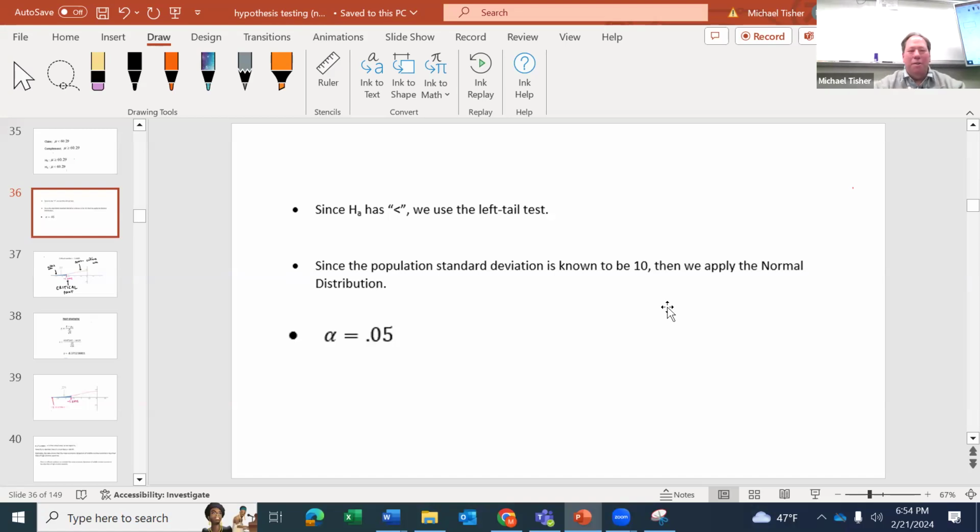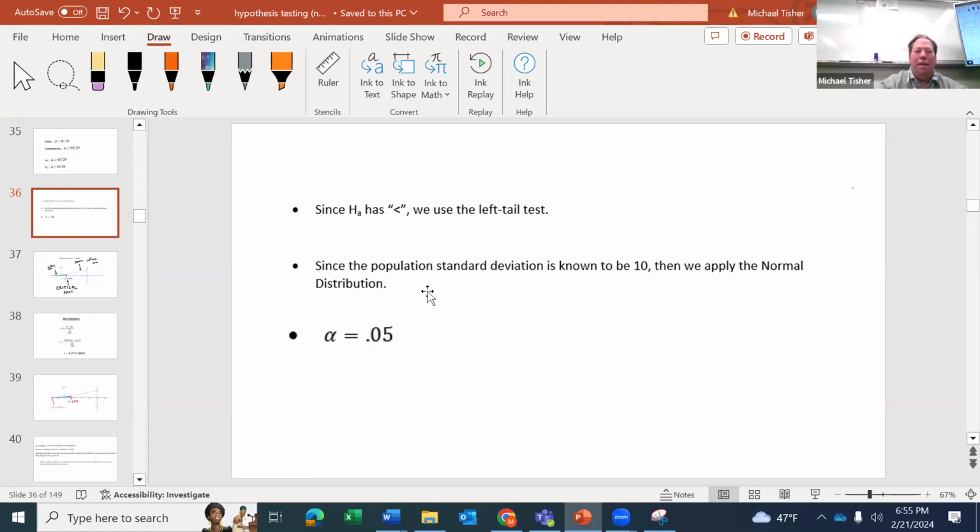All right. Now, last week we talked about the mean body temperature. What was it? 98.6. And what was the standard deviation of the population body temperature? Nobody knows, right?